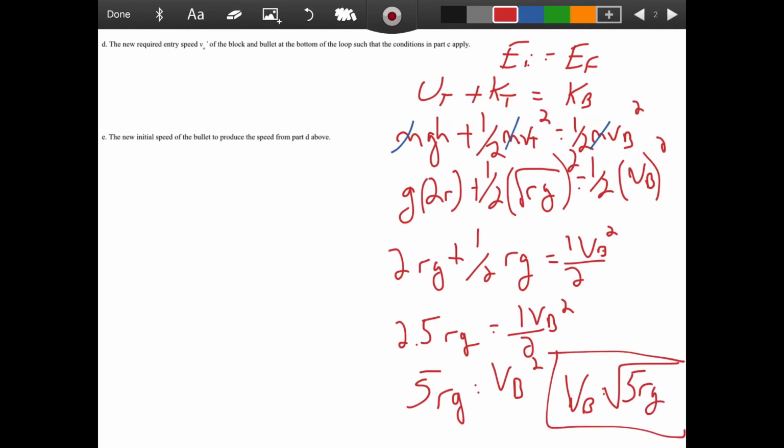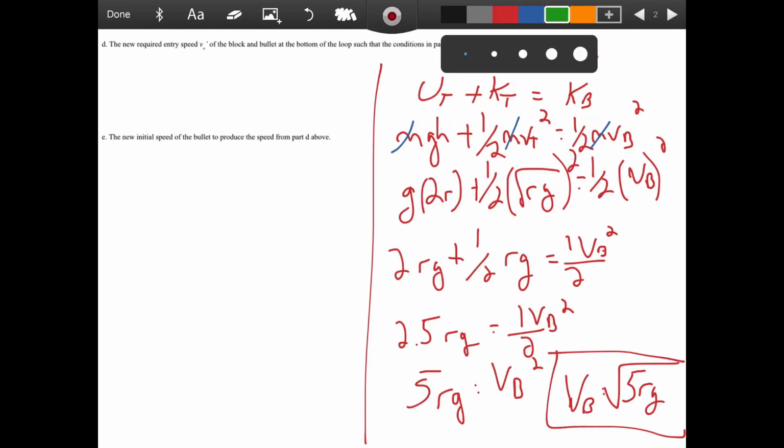And then let's finish this problem up. The new initial speed of the bullet to produce the speed from part D above. So now we're basically going back to part A, and we want to do this same thing.